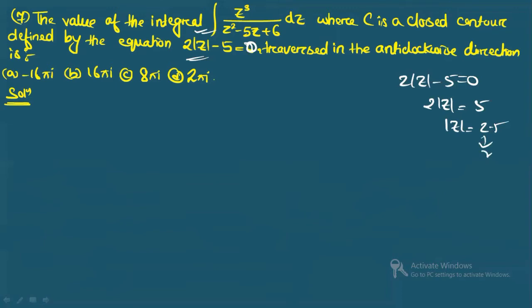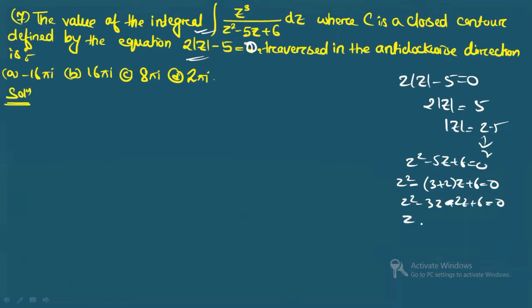So this is r. All right, now we will see the poles. You will do the middle-term splitting. So z square minus 3z minus 2z plus 6 equals 0. Take z common, you will have z minus 3.